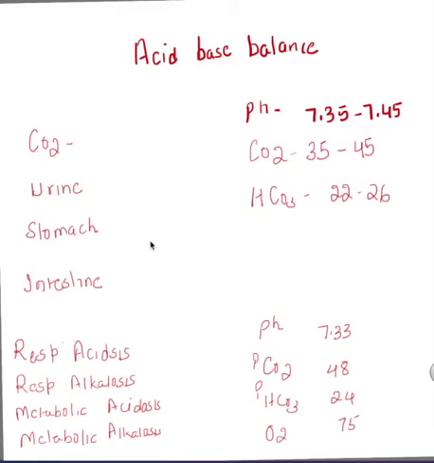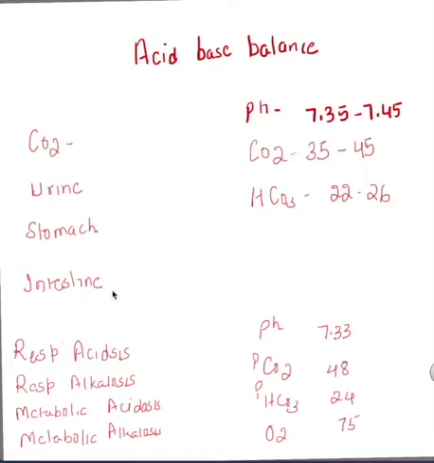So, these are some of the acids produced by our body. The first one is CO2. The respiratory system blows it off. The kidney excretes urine. And the third one is stomach. The stomach produces acid, which is used during food digestion or occasionally lost by vomiting.